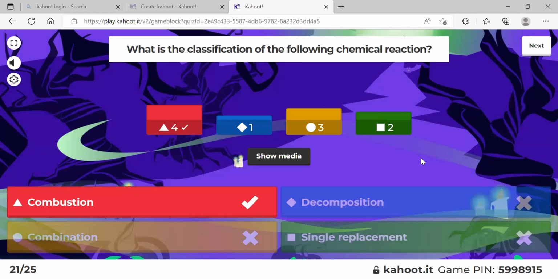Great, that's a combustion reaction. Make sure that you know the 5 different classifications that we went over in the beginning of chapter 5.